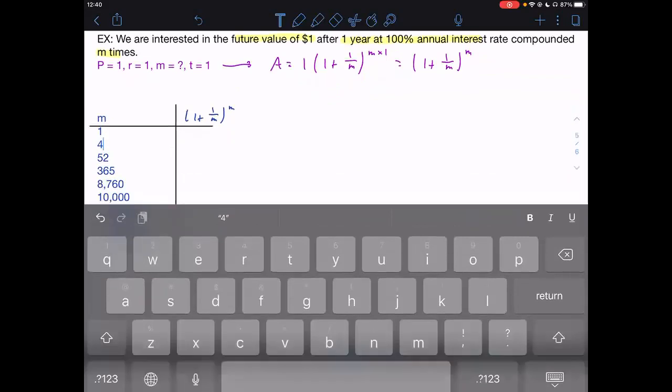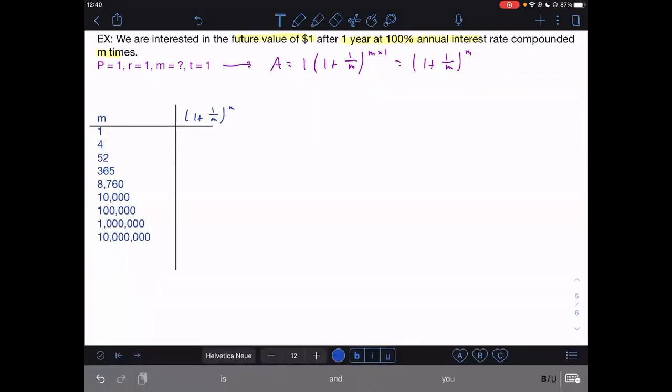Now, our first value of M is 1. So you're going to have parentheses 1 plus 1 over 1 raised to the 1 power, which is just 2, right? 1 plus 1 over 1, that gives us 2. 2 raised to the first is 2, right?